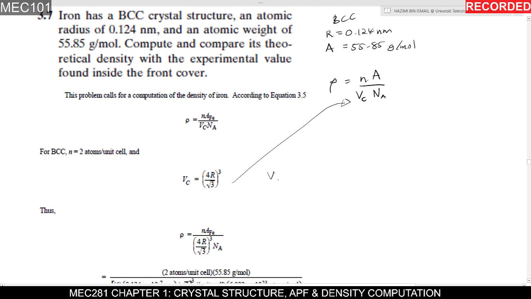Okay, we find the VC first. It is 4 times R, where R is 0.124, over the square root of 3, all to the power of 3.